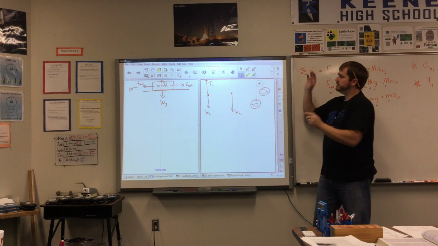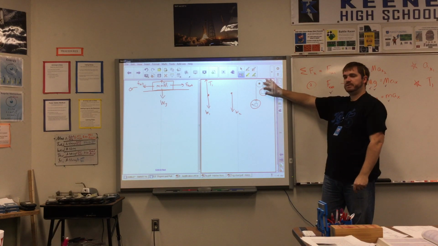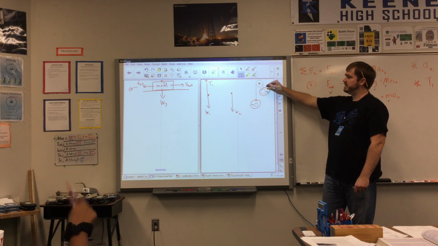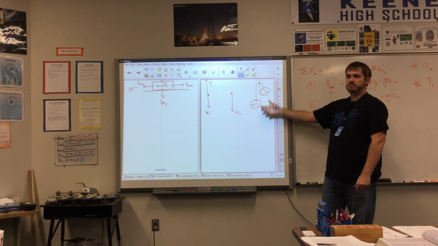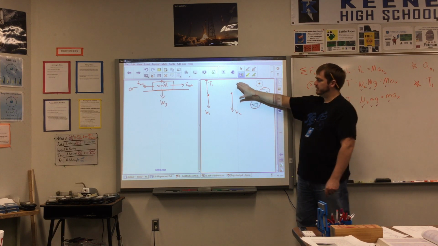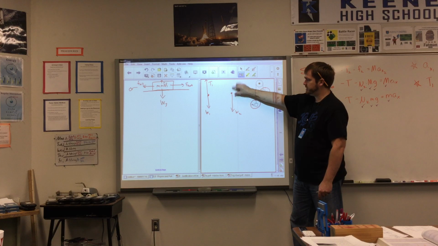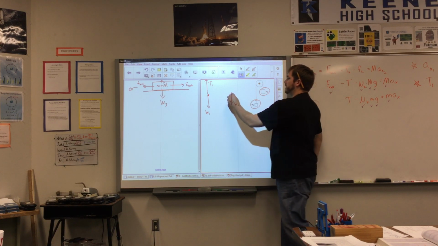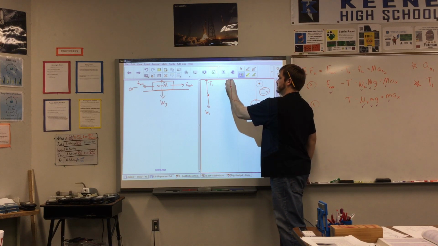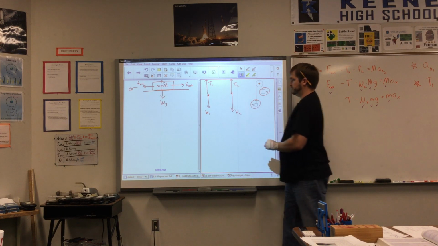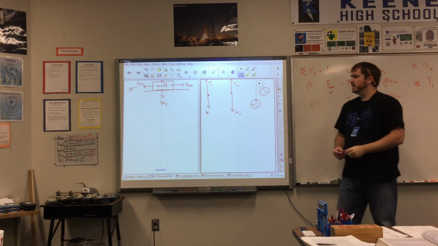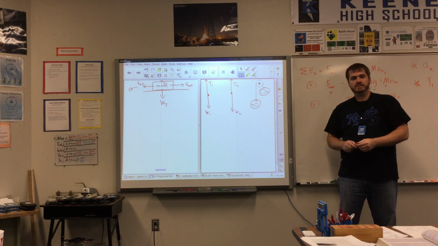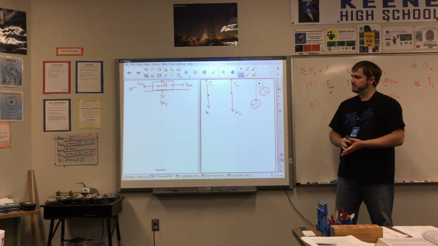As I pull my hand away, just tell me what's going to happen with mass 2. The one that your fingers are by is going to fall. Okay, so that means there's got to be more force pulling down than pulling up. So therefore, the tension has to be smaller than weight 2. Yeah, okay. In fact, it definitely looks smaller. As a happy coincidence, I've done something else with this diagram which also matches a very real situation.